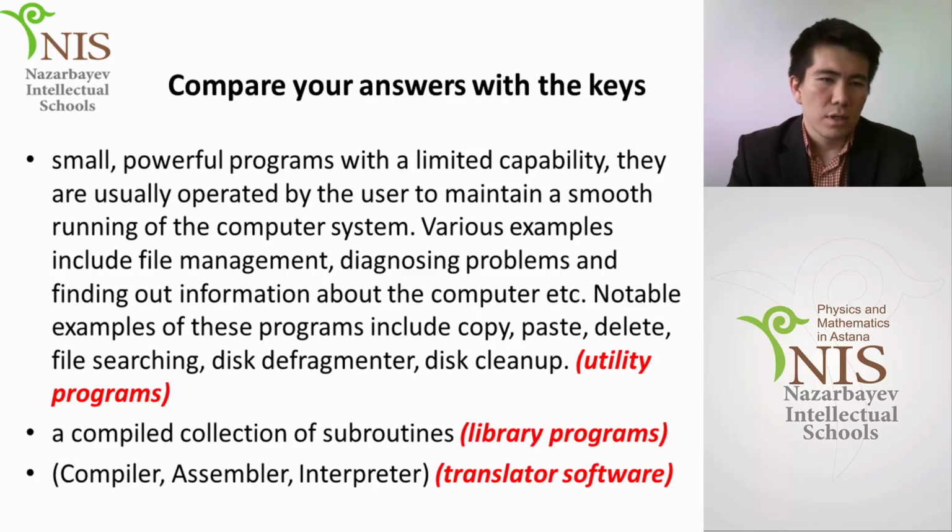Another one is a compiled collection of subroutines. Of course, it's library programs, and probably you didn't come across with any difficulties when you had to find out what type of software that is.